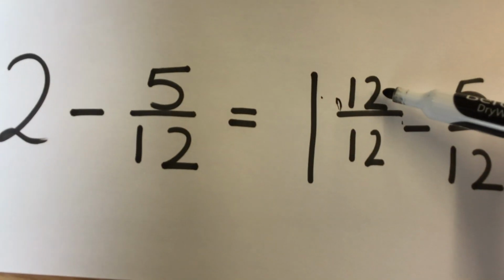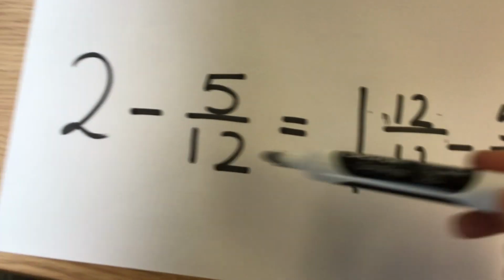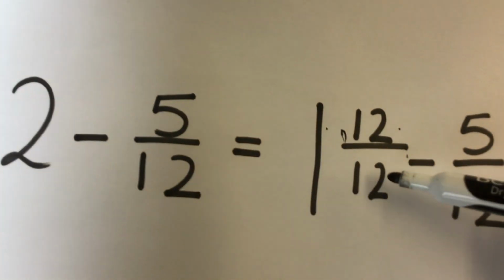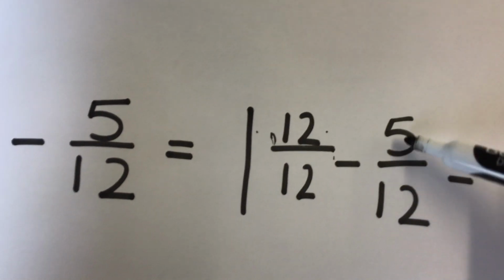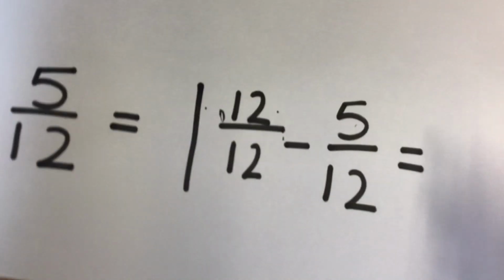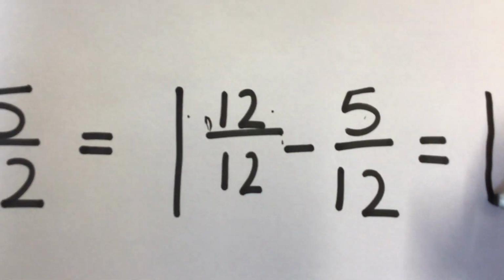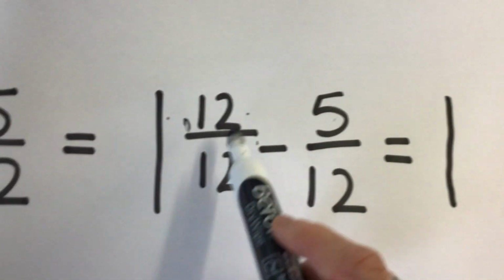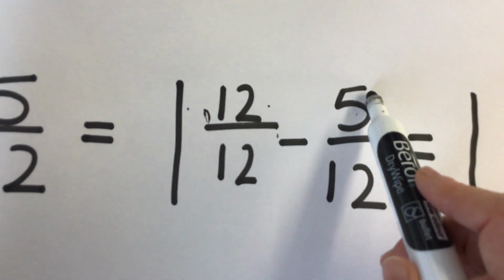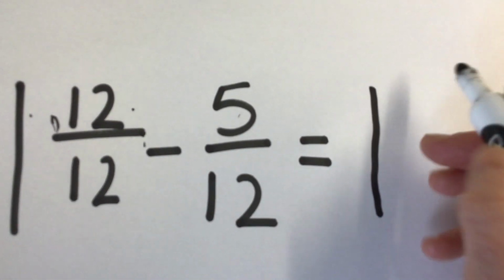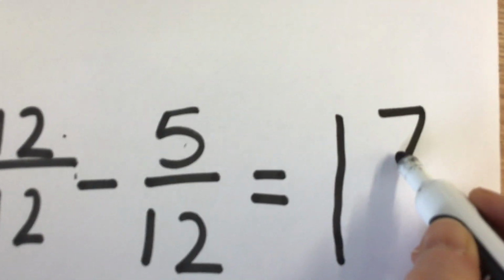So 1 and 12/12 is the same as 2. And now I can subtract my 5/12. I'm still left with 1 whole, and I can do 12/12, take 5/12, gives me 7/12.